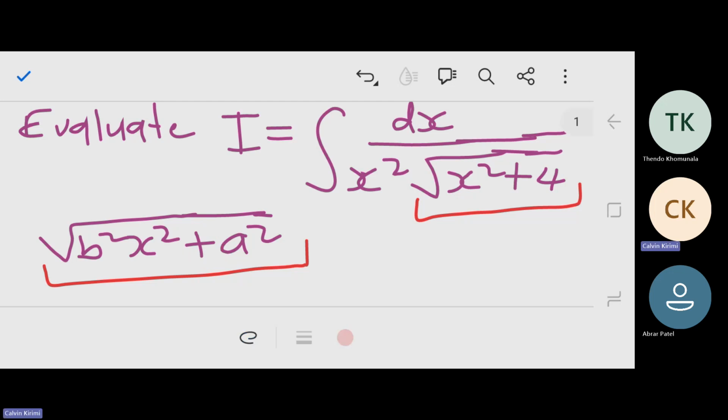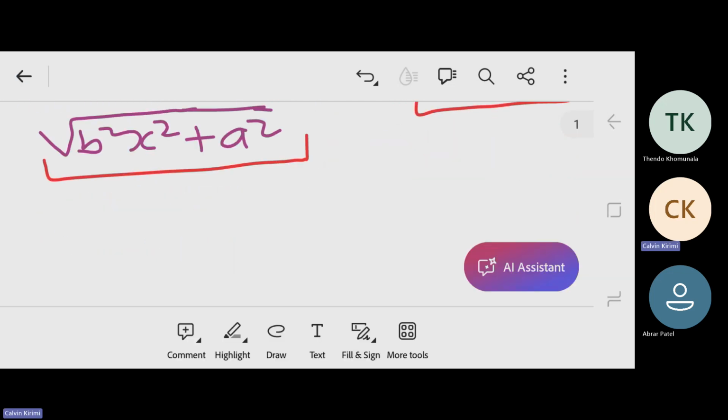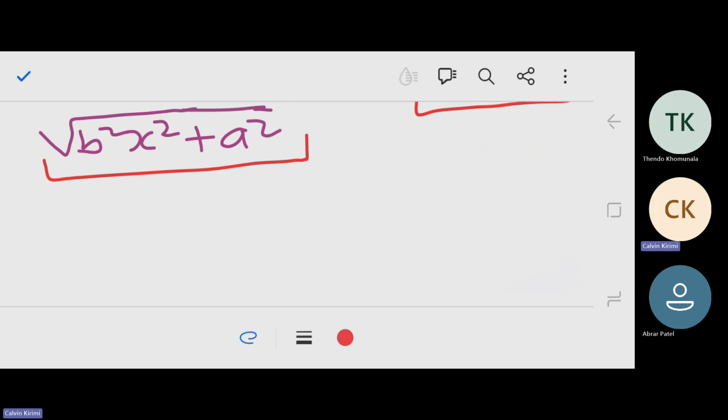In our case here, we are going to let x equal a over b tan theta.